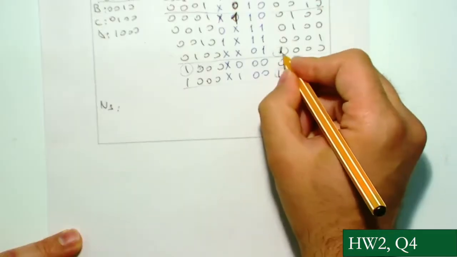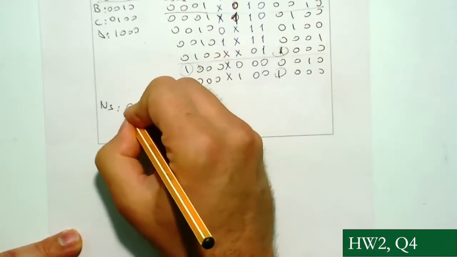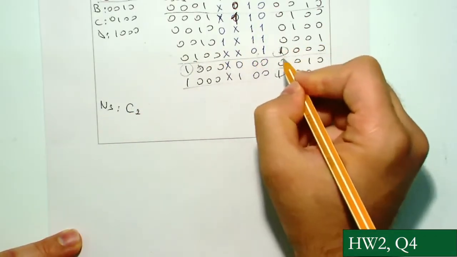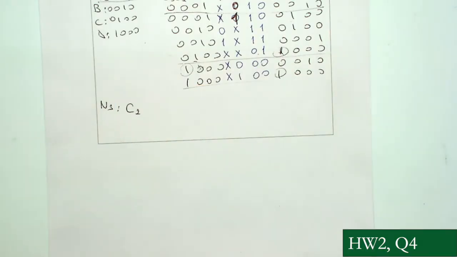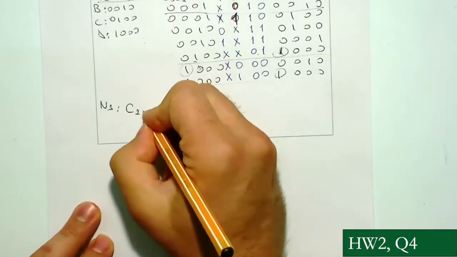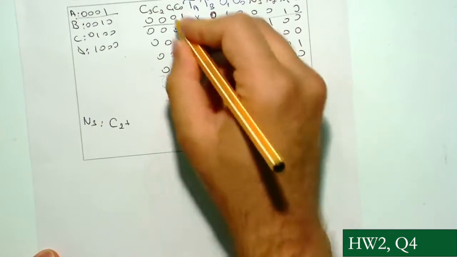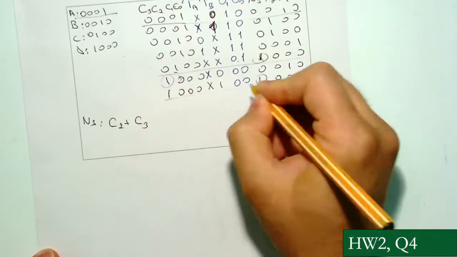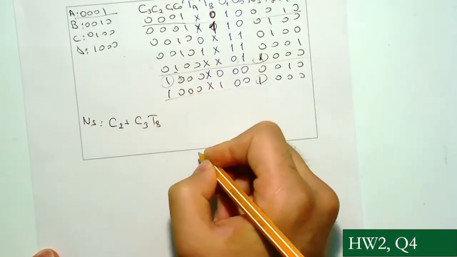So when the entry is 1, this means that C2 is 1, and that's it, I guess. So let me do some sanity check here. All right, and the second one is this, when N3 is 1 and C3, and also TB, I guess. All right, okay.